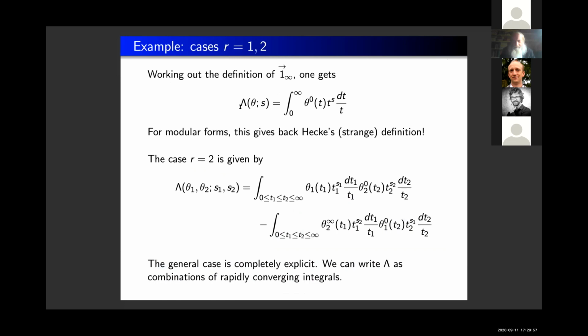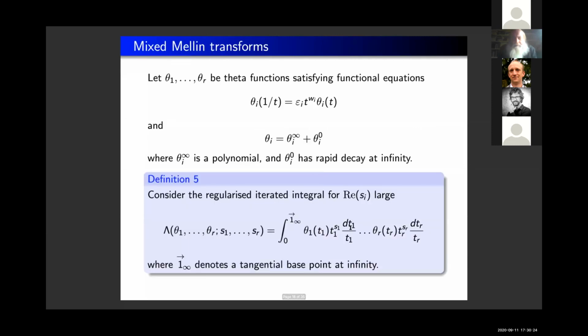So in the case of a single function, this regularization at infinity means that you just throw away the infinite divergent part. You just keep the exponentially decaying piece, and you integrate that from 0 to infinity, and that gives you back Hecke's original definition of the L function. And I've written here that it's strange, and the reason it's strange is because if you go back to this formula, in the case R is 1, it's completely obvious that the functional equation of theta is equivalent to the functional equation of lambda.